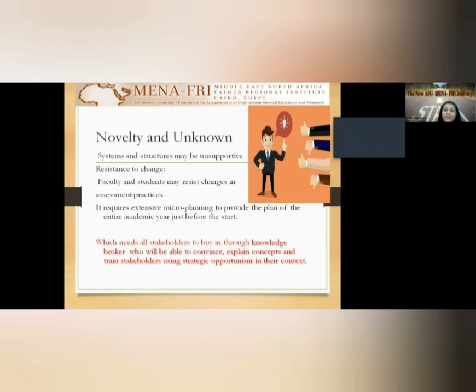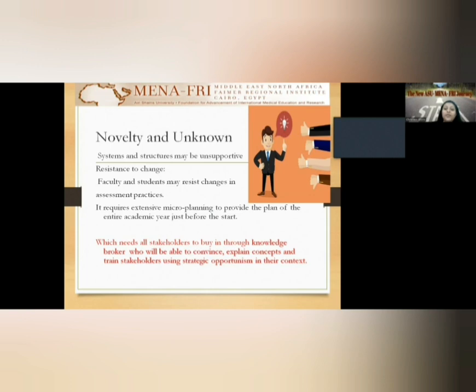the deep beliefs. This change needs the core implementer or the knowledge broker, the one who is able to convince the stakeholders to be engaged in the application of programmatic assessment, especially since programmatic assessment needs extensive micro-planning to provide the plan of the whole academic year just before the start of the year.